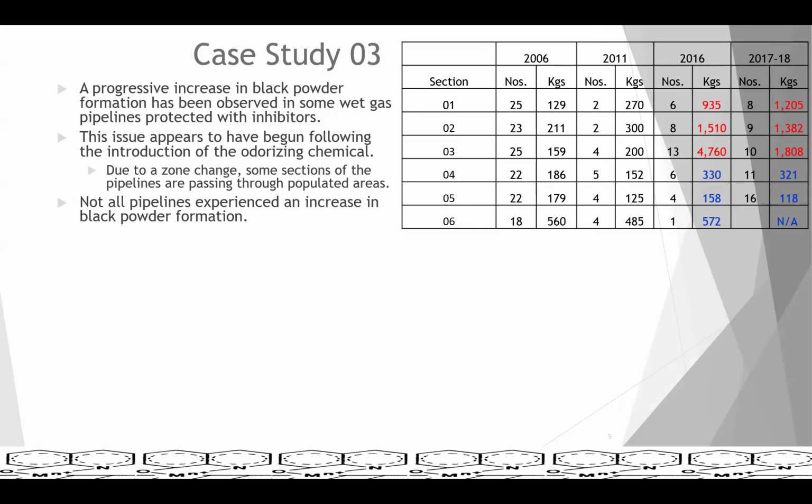However, what we found was not all pipelines experienced an increase of black powder formation, as you can see from this table, but some pipes distinctly had black powder formation.